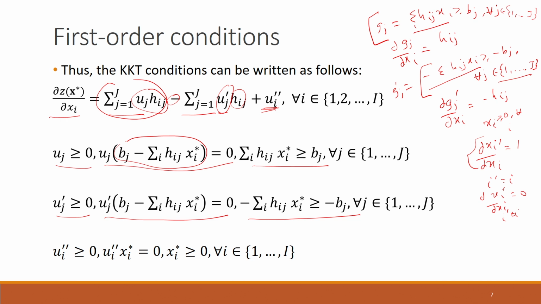And for the set of non-negativity constraints that we have here, we have again ui double dash greater than equal to 0, and since this constraint is of the form xi greater than equal to 0, that is why there is this single term here getting multiplied by ui double dash.